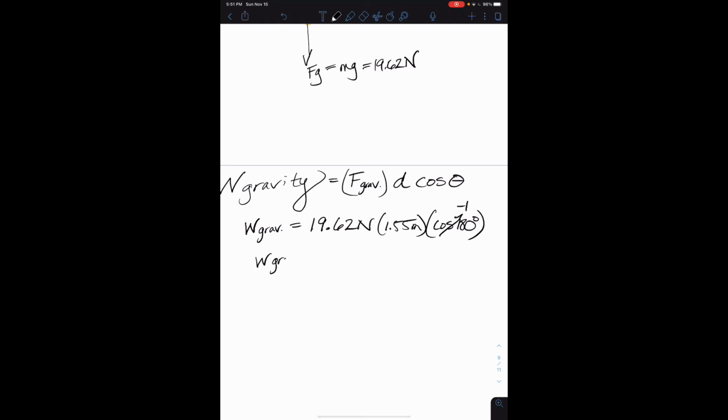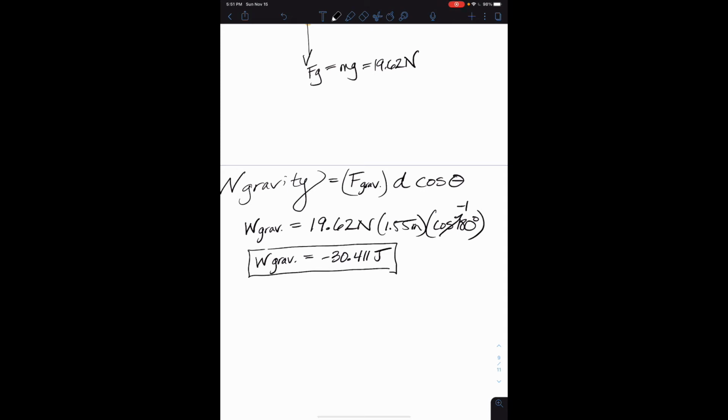So then the work done by gravity is going to equal, let's see, if my math is right here, this should be 30.411 when we multiply it, but negative. And that's going to be in joules. All right. So, good.